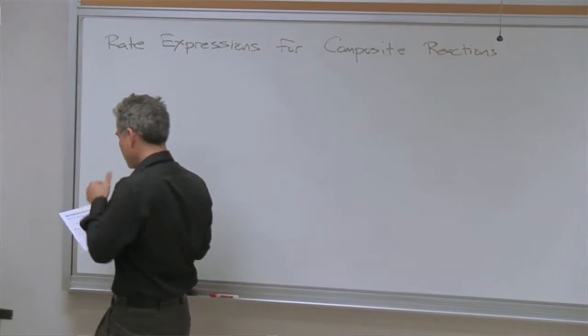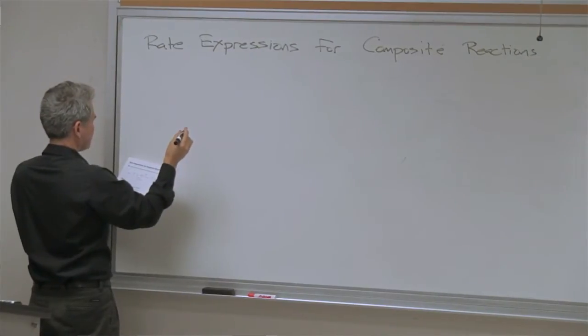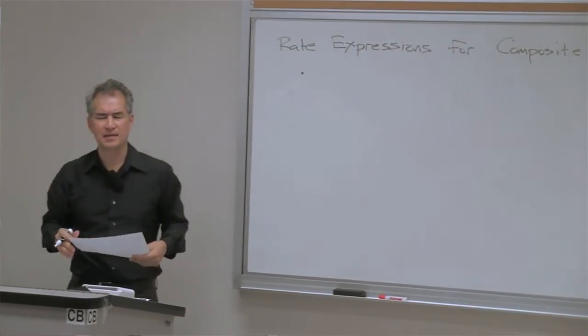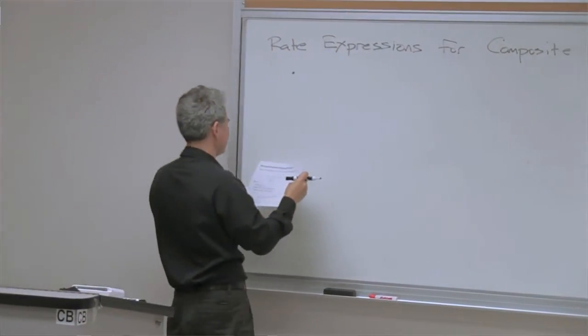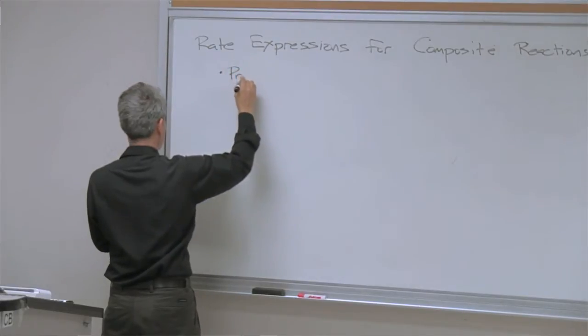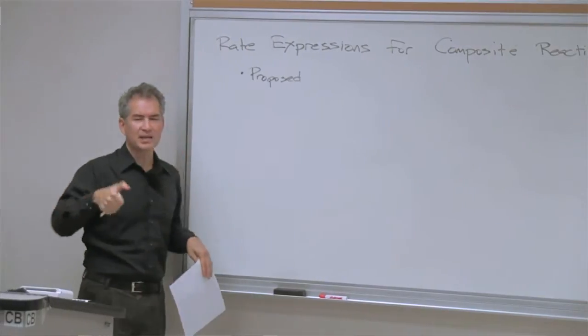So composite reaction processes. I want to draw out a mechanism, a kinetic mechanism, where I'm trying to parse out rate constants and stuff like that. But any mechanism you draw is really a proposal. And so I want to write out one of the main features of any mechanism that you propose.